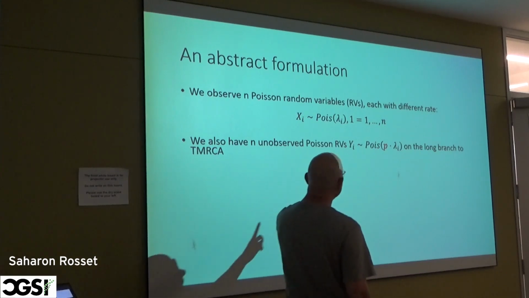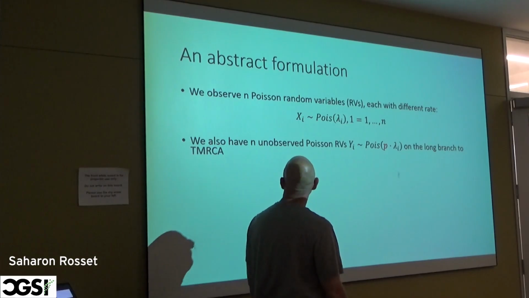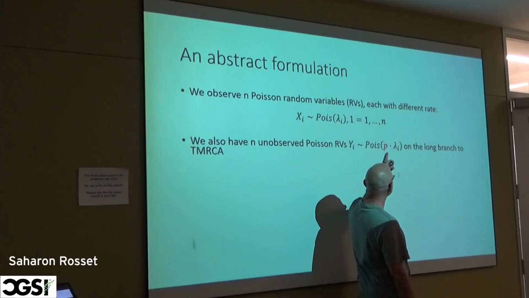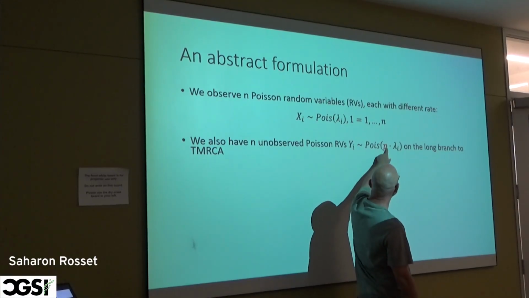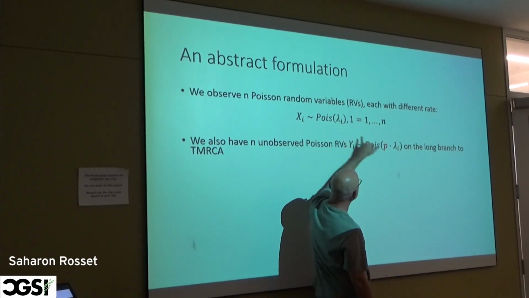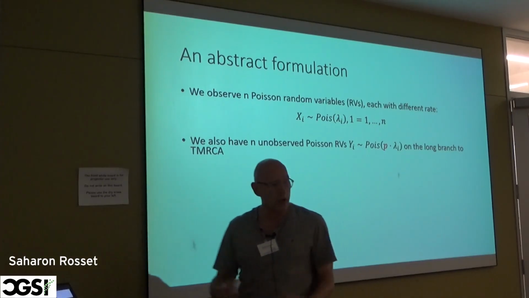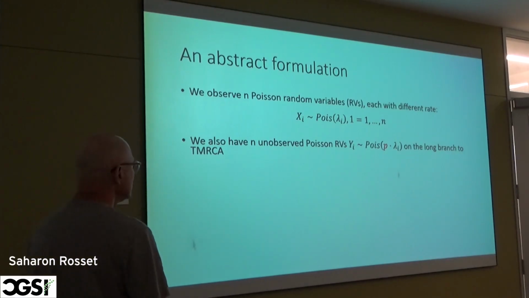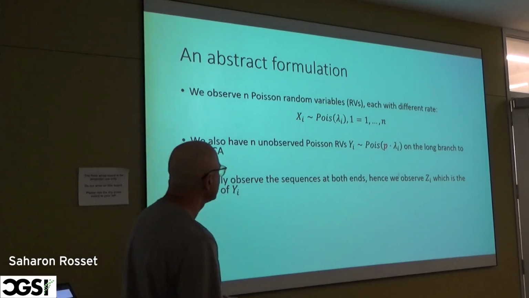But the point is that we do not assume that we observe these random variables. These random variables have the same rate. However, we don't know how long that branch is. So we express this as P, which is the ratio between the total length of the big tree and the length of the small branch. So we also have this bunch of Poisson random variables on the small branch, but we do not observe them.